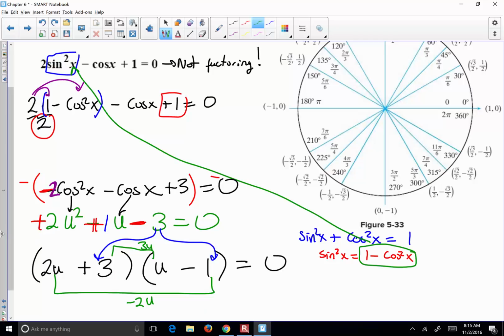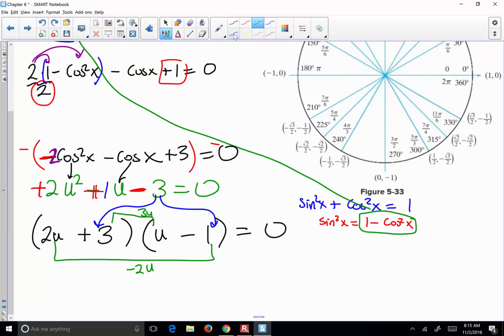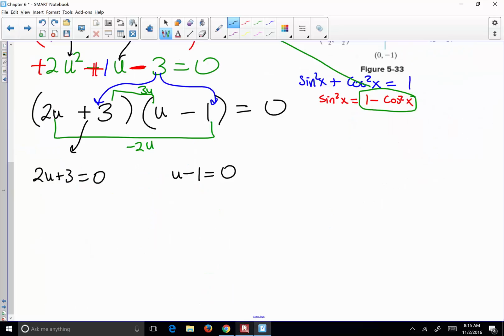That's the right way to break it. Once you break it, set each part equal to 0. Great. And isolate u's, please. We get u equals negative 3 halves, and u equals 1.